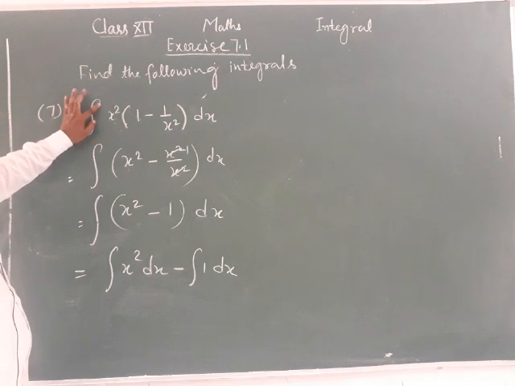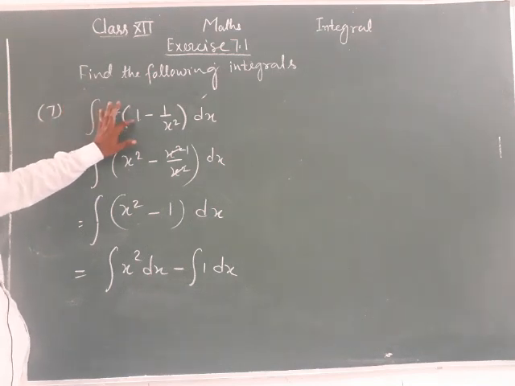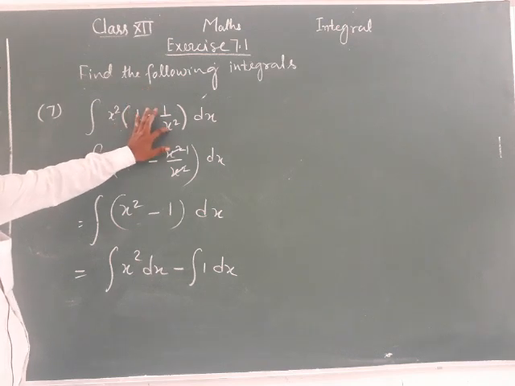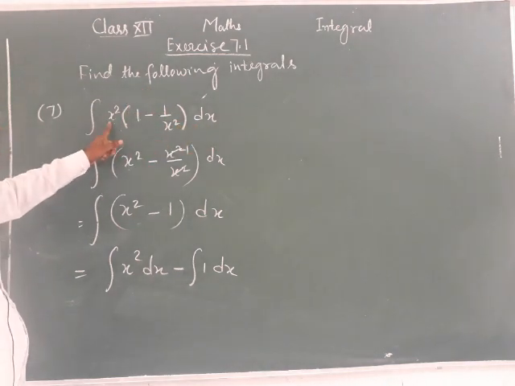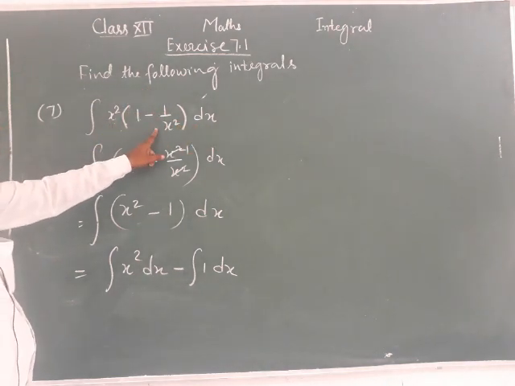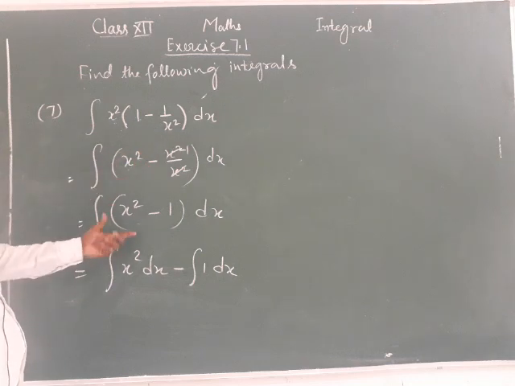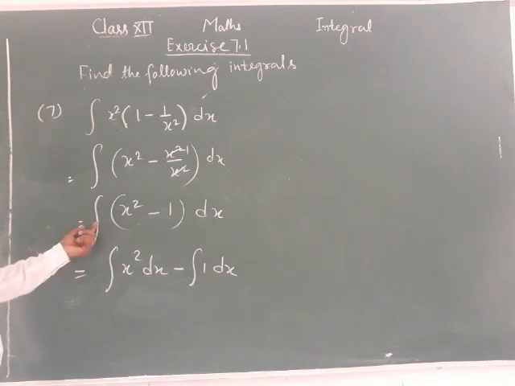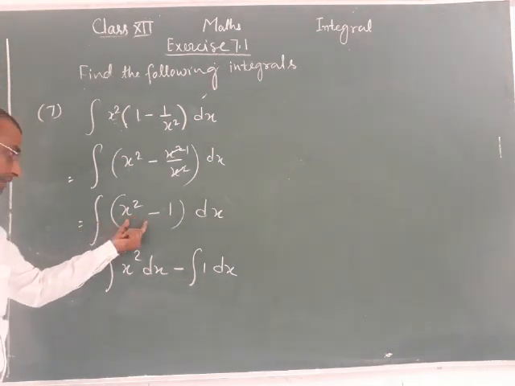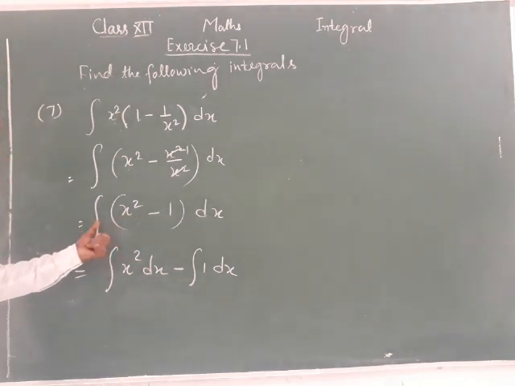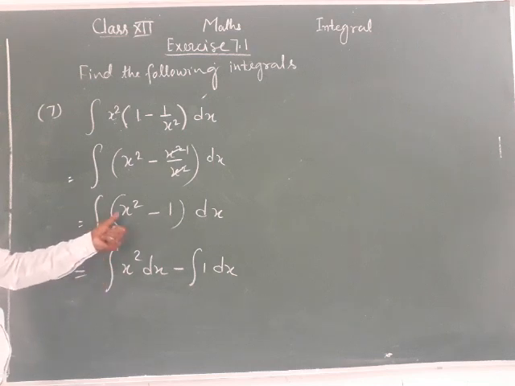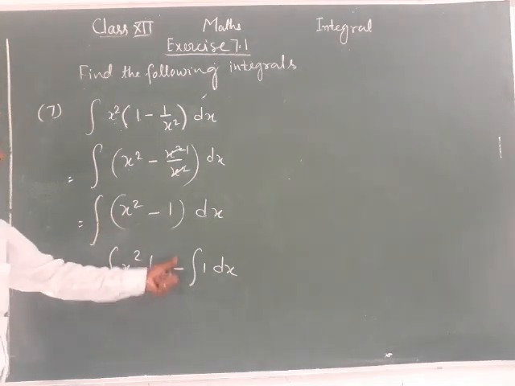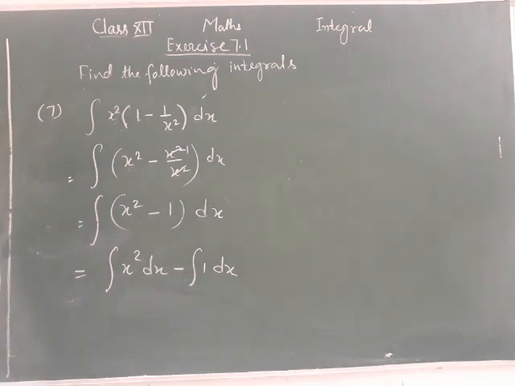So the integral of x square in bracket 1 minus 1 upon x square dx. So x square multiplied in this bracket, we get x square minus 1 dx. So integral and dx multiply in this bracket. So integration of x square dx minus 1 dx.